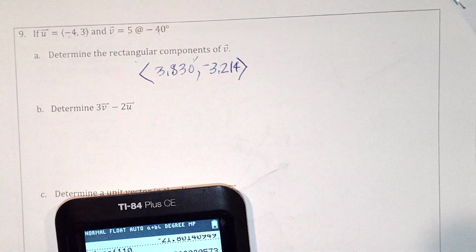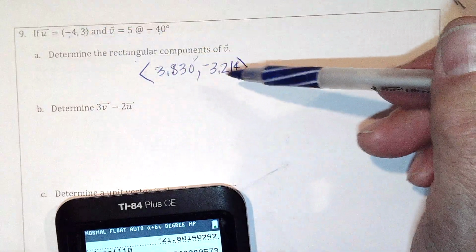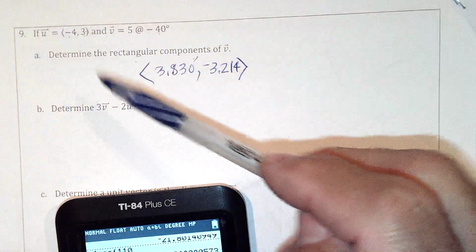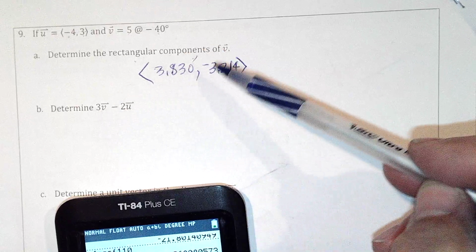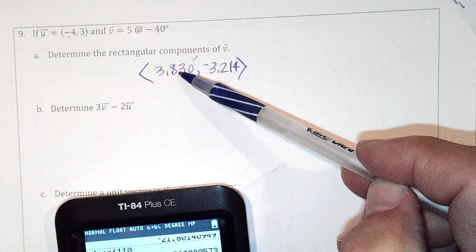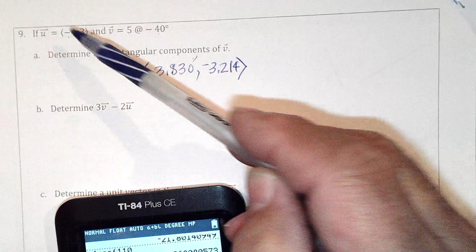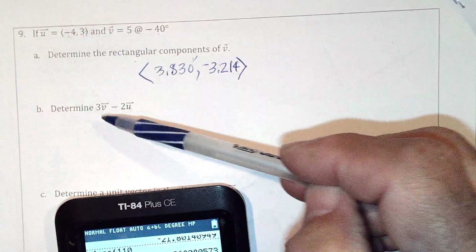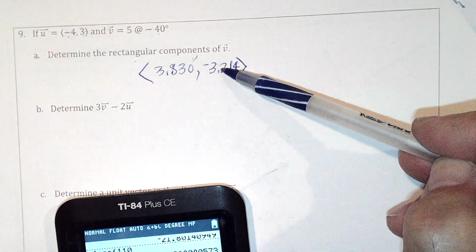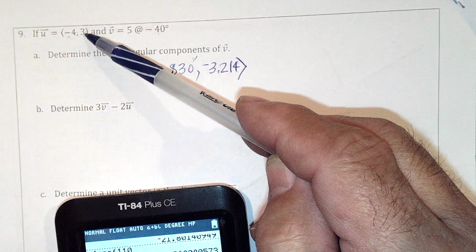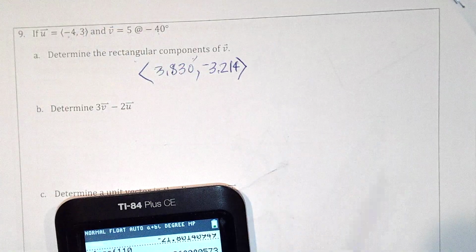So now when I have x and y components, I can just go three of v, so three of those x's minus 2 of those, and then I can go 3 of that component minus 2 of that component and get the sum.